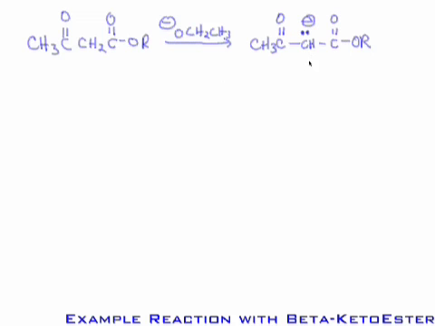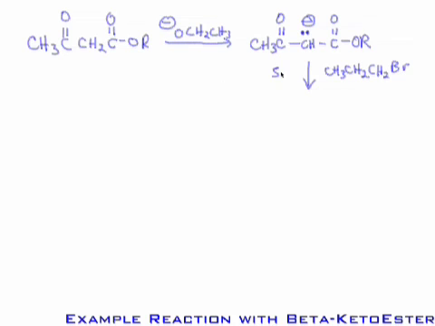Just like in the previous reaction, I could do an SN2 with propyl iodide, propyl bromide, some kind of X group here. Let's use bromide this time.